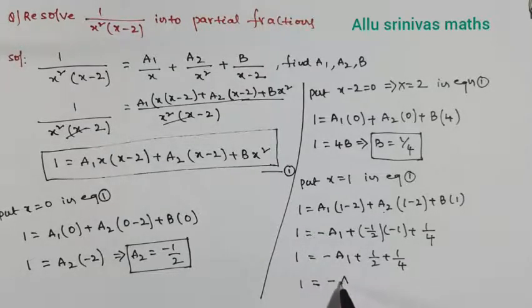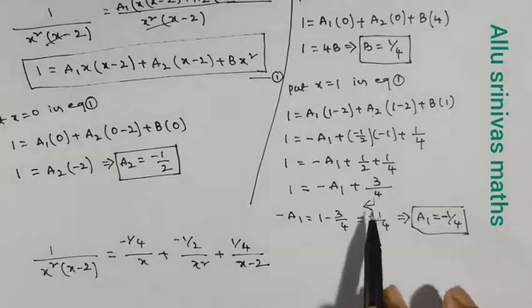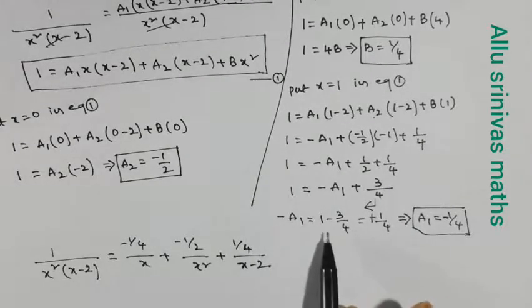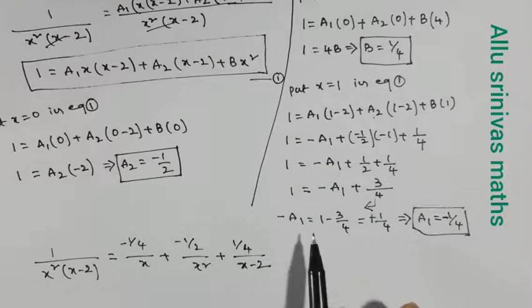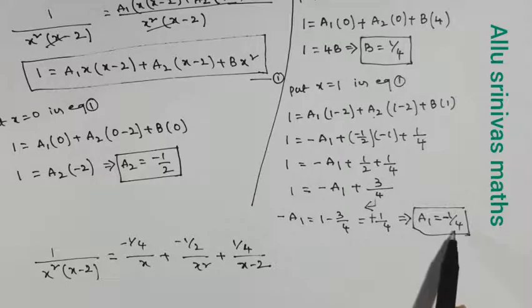Minus a1, and 1 by 2 plus 1 by 4: the LCM is 4, 2 plus 1 is 3 by 4. 3 by 4 sent to the LHS side. 1 minus 3 by 4, the LCM, 4 minus 3 is 1 by 4. And minus sent to the RHS side. A1 equals minus 1 by 4.